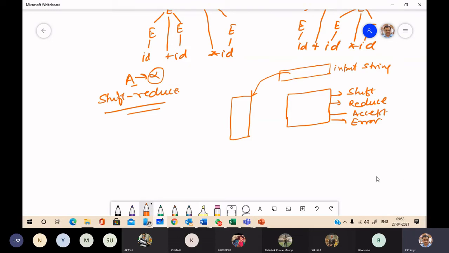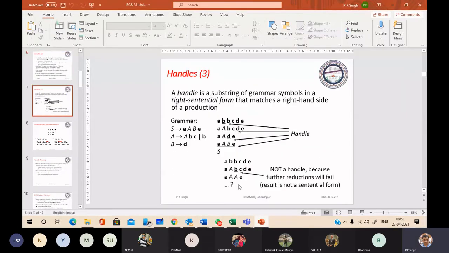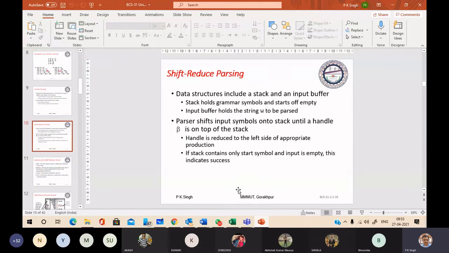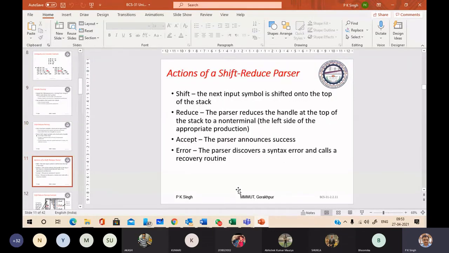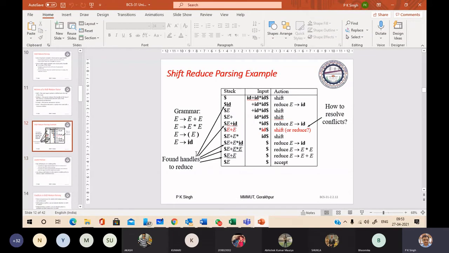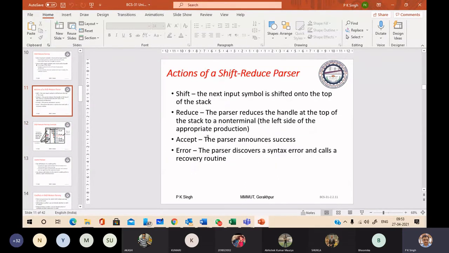You can see shift action, reduce action, accept action, error action. We will discuss this example here only.